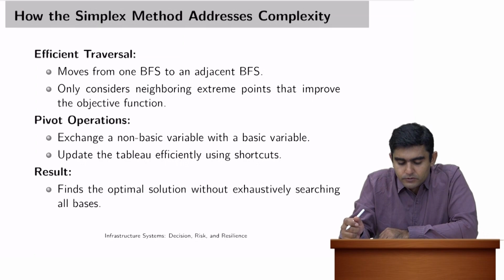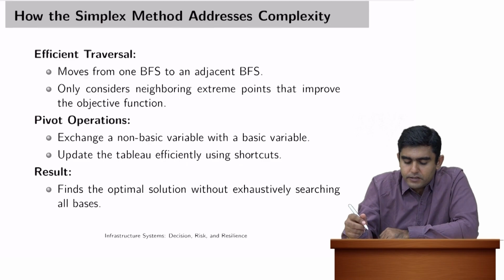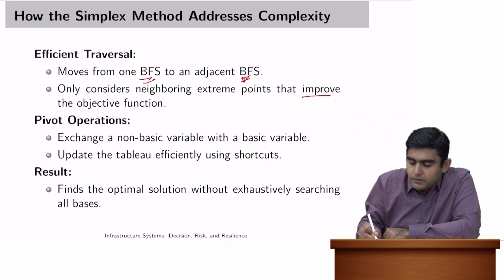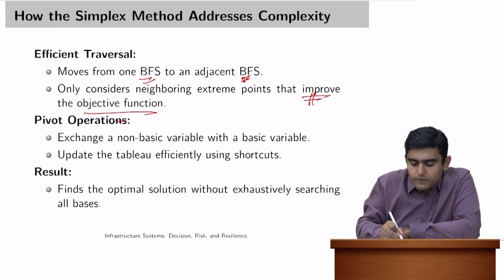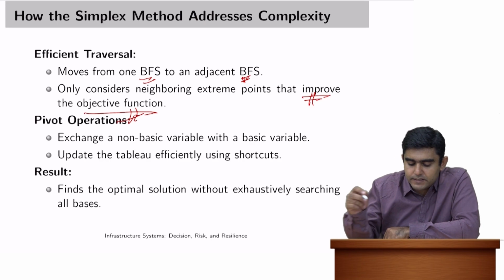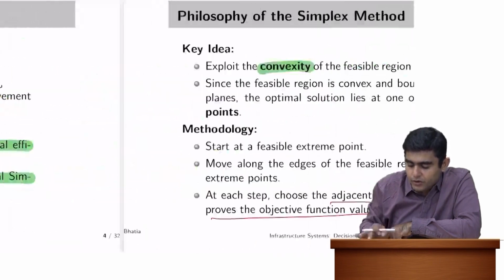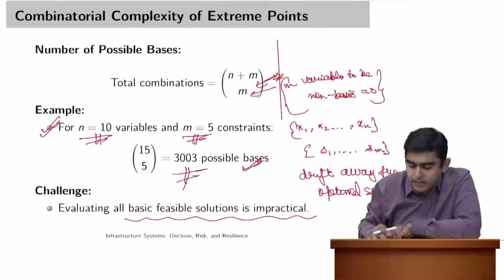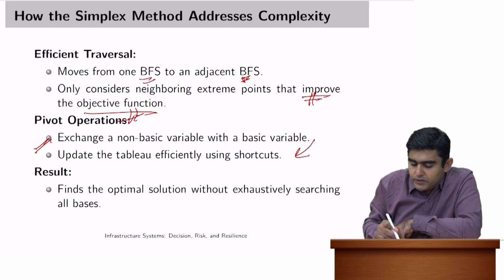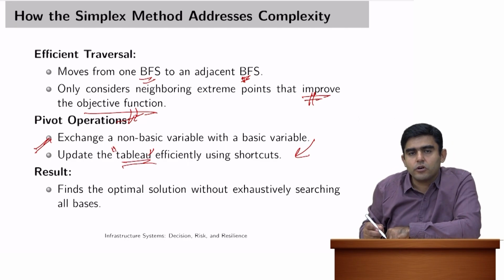So to address this combinatorial complexity, what the simplex method does is that it moves from one basic solution to an adjacent basic feasible solution by ensuring that the objective function only improves as we go from one extreme point to another extreme point. This is done by exchanging one non-basic variable with another. So I'll just go back to the slides. At each point, we will update the coefficient table, which we also call a tableau, using various shortcuts that we will learn.